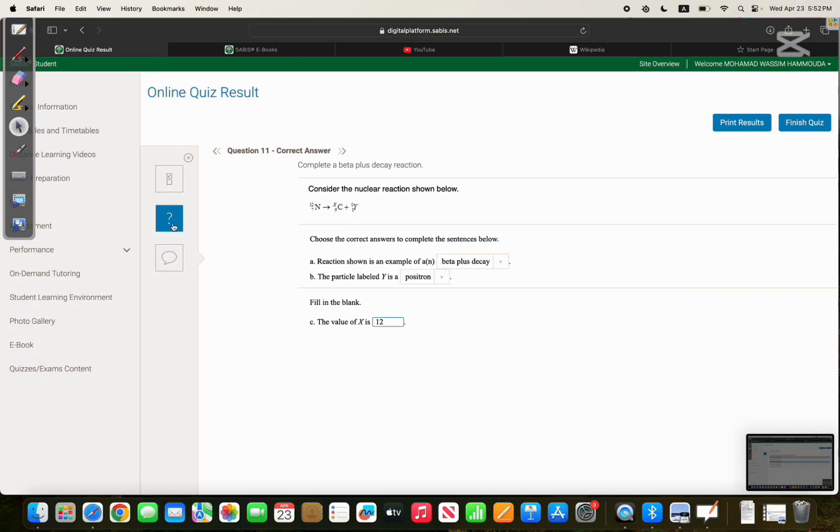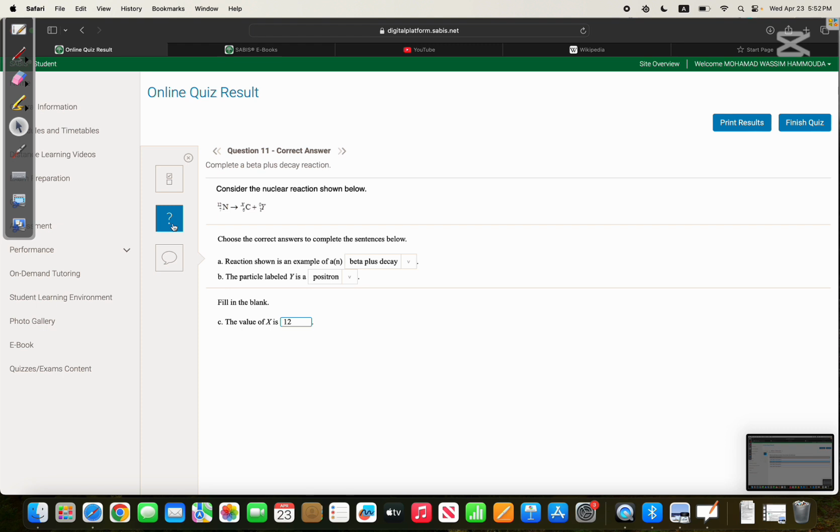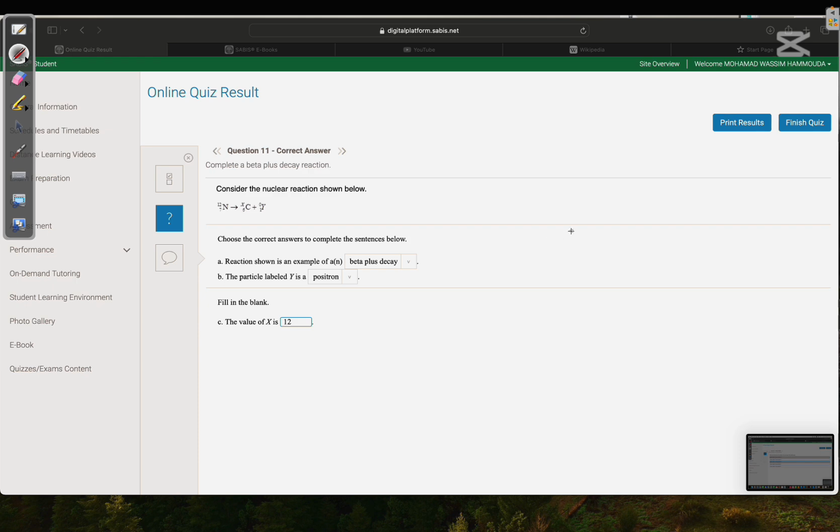Question 11. Consider the nuclear reaction shown below. Choose the correct answers. The reaction shown is an example of a beta plus decay, which is something to be memorized as well. The particle labeled Y is a positron. A positron is basically a beta particle, but normally beta particles are beta minus, and this is beta plus.